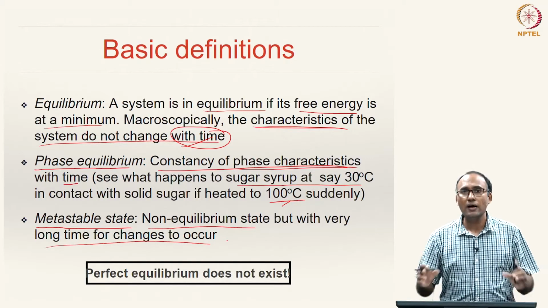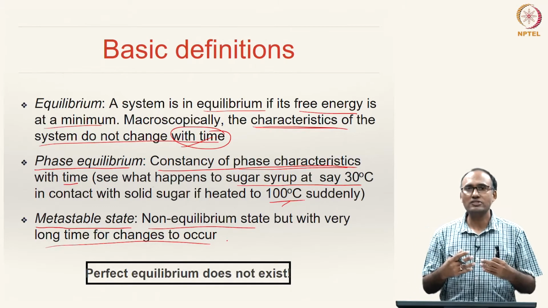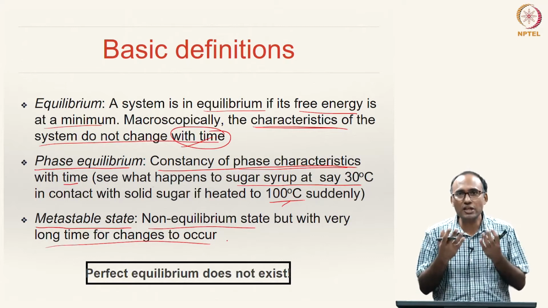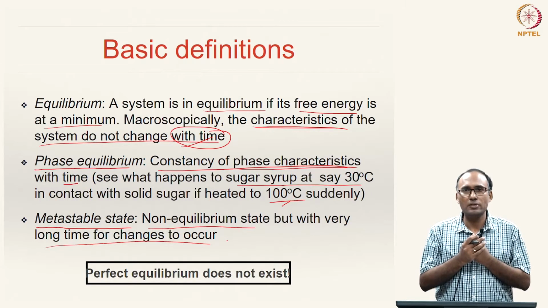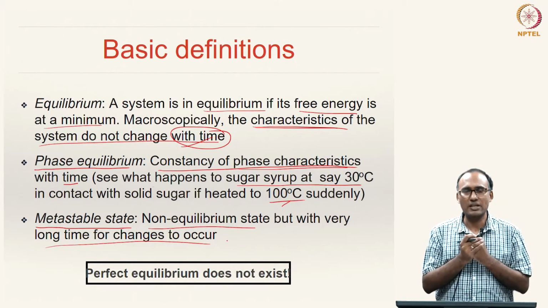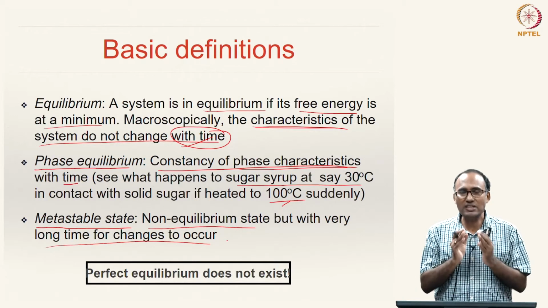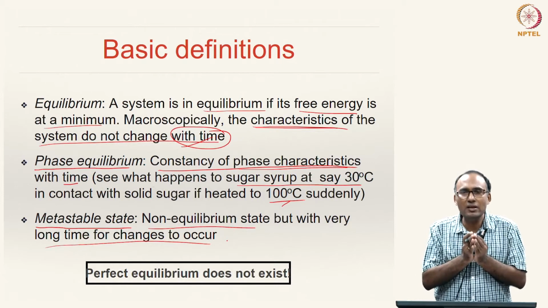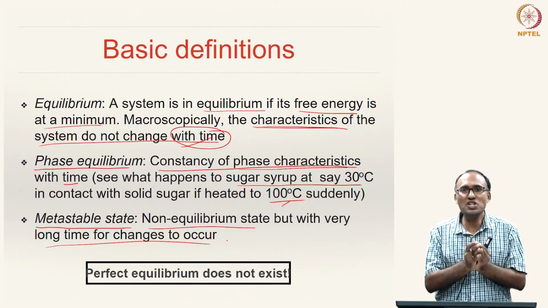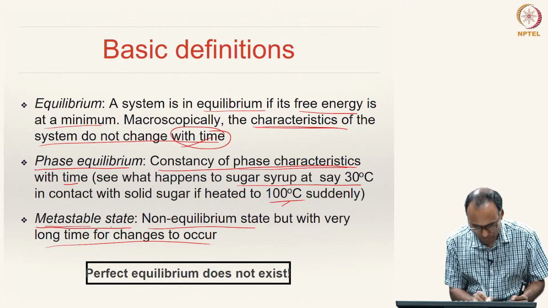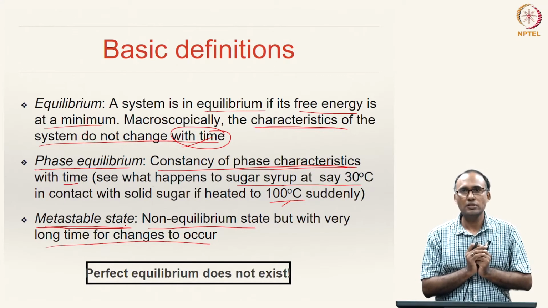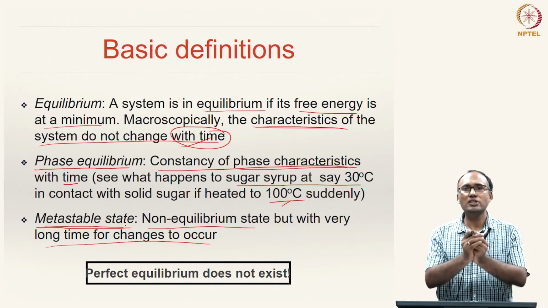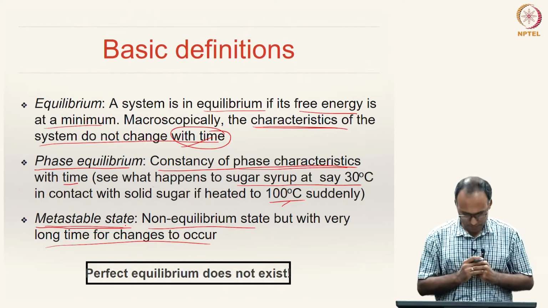That means there is some change happening to the phases that are present in the system, because of which the iron is rusting, but this change is happening over a long period of time. It is not happening over a short period of time, and hence such a state is called metastable state. So, it is a non-equilibrium state, but the changes are happening over a long period of time.